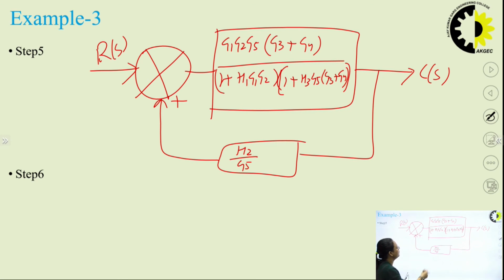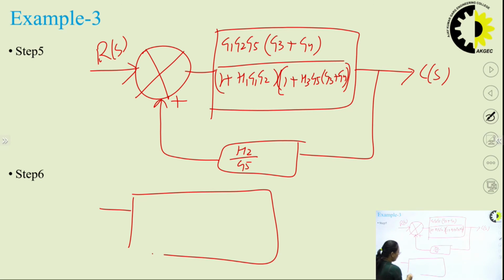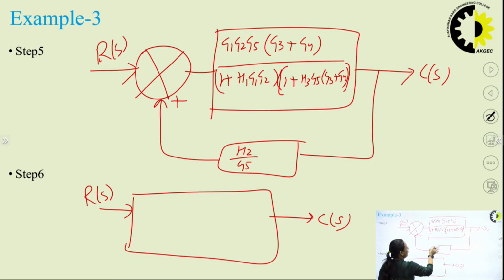Now this further can be solved and a single feedback loop will be formed. A single block can be shown here, so that we can have the transfer function C(s) upon R(s) equal to this quantity upon this quantity, right? So let's say this is X, okay? So this upon 1 minus this into this.